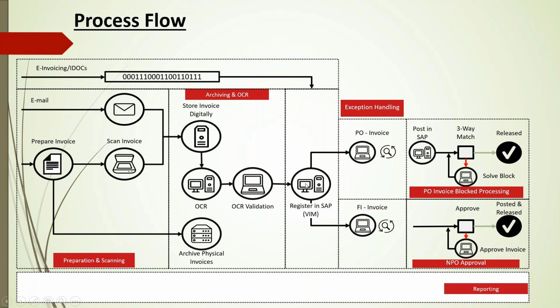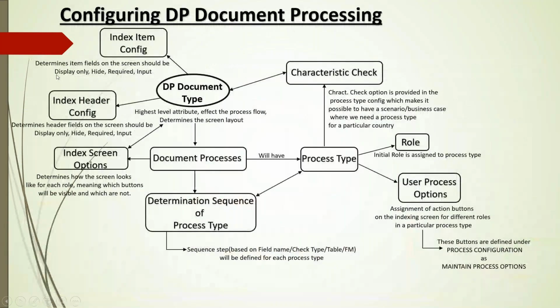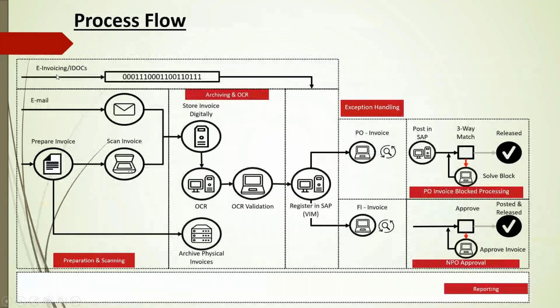There is another way of receiving invoices. It could be e-invoice, iDocs or XMLs. Different formats. If you receive the invoices in these formats, they are already in a structured format. iDocs, I'm not sure if you're aware, are a structured format.